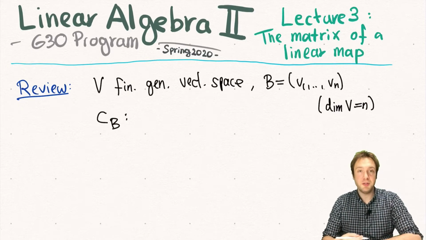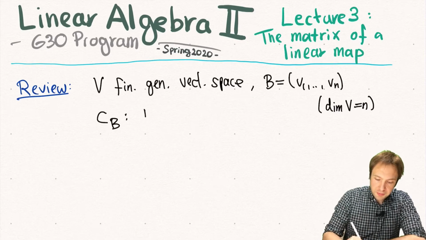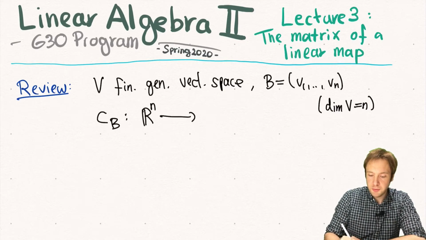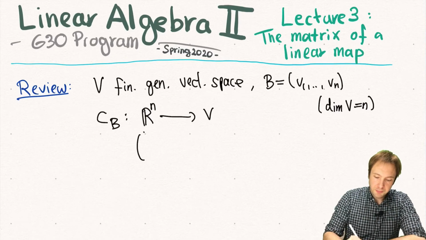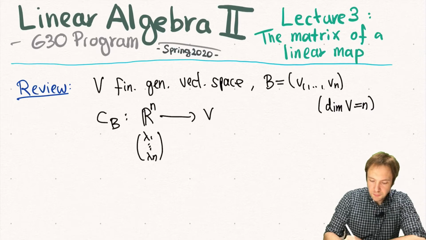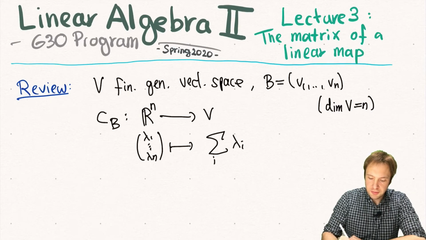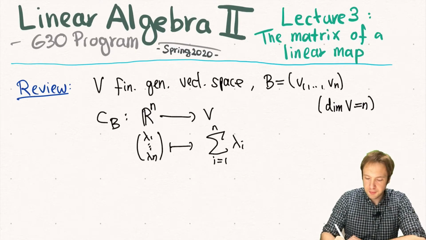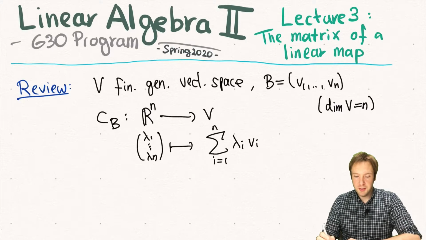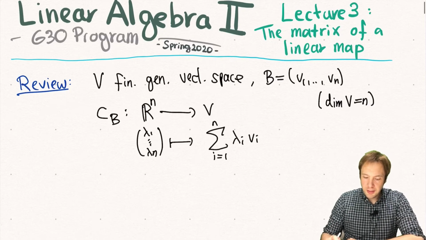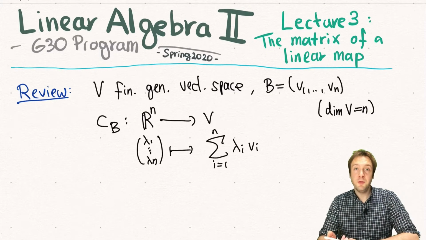C_B. This map depends on the choice of the basis, and it was a map from R^n to our vector space V by sending a vector (lambda 1 up to lambda n) to the linear combination of these basis vectors, meaning the sum of lambda i times v i. And this was an isomorphism.